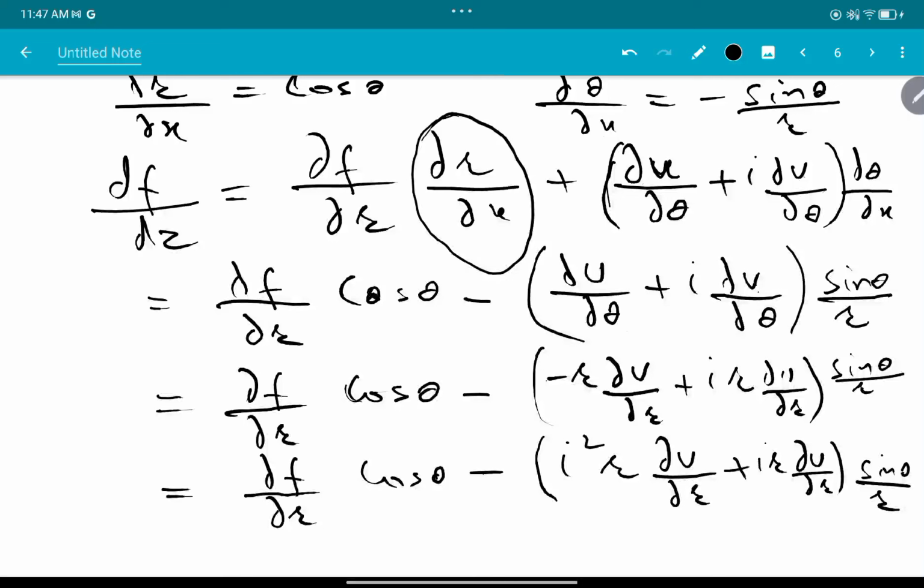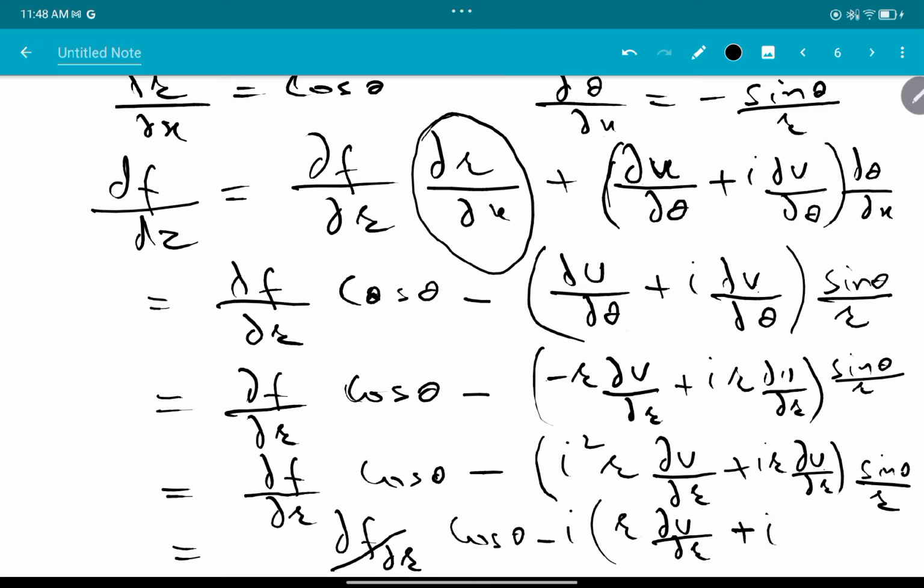Take one i common, and I get del f by del r cos theta minus, taking one i common, I am left with this. Let me write this part first. Because i has gone, this real part becomes r del u by del r, not minus, plus i. One i has gone out, so one i is there: one i r del v by del r into sine theta by r.